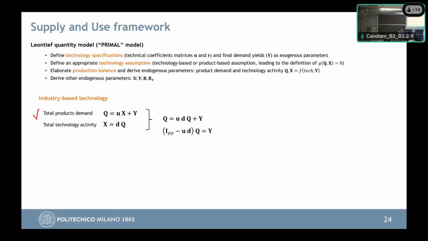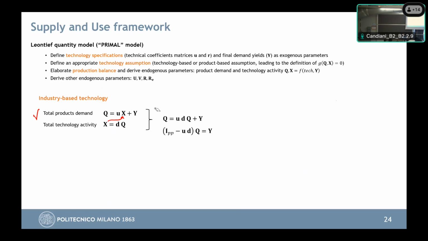By combining these two, we are able to substitute x with dq, and we get an equation with one unknown: q, the total demand, equals u times d times q, that is the intermediate demand as a function of product demand, plus y, final demand.